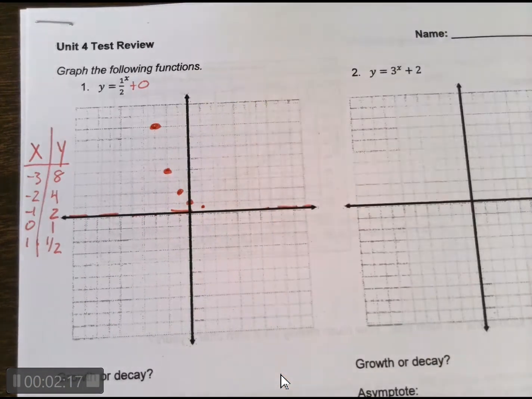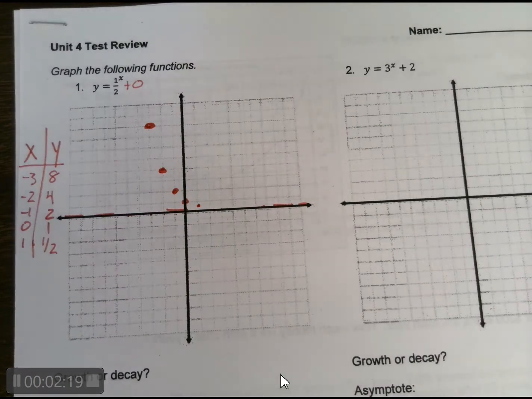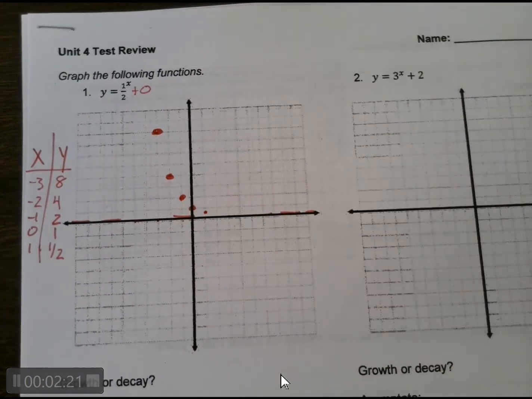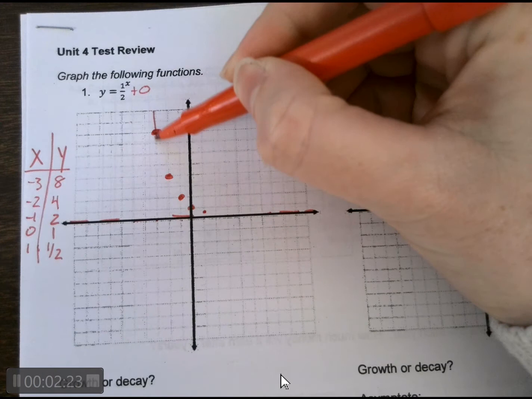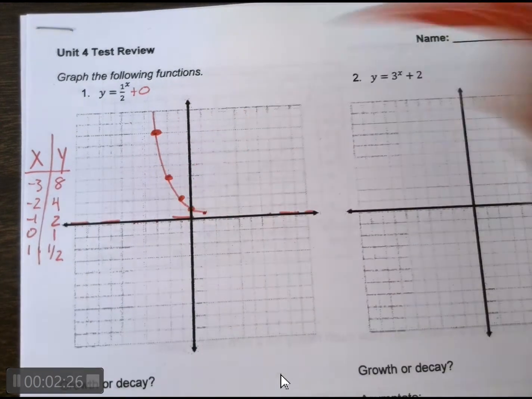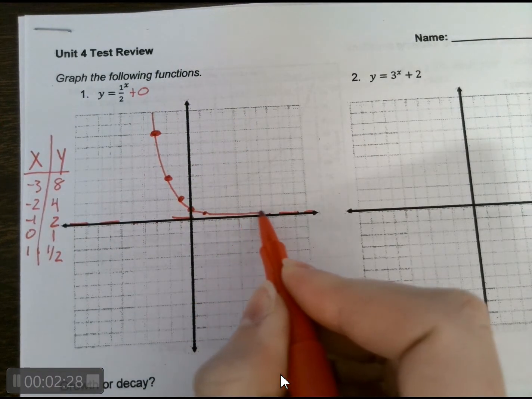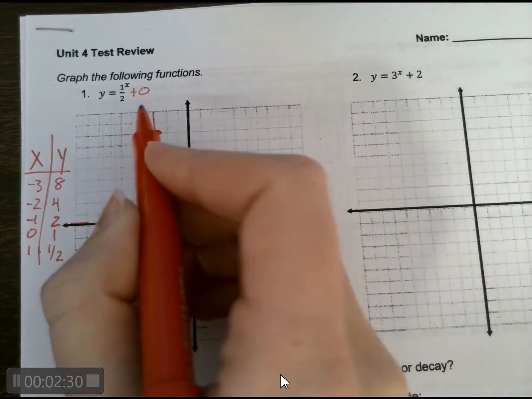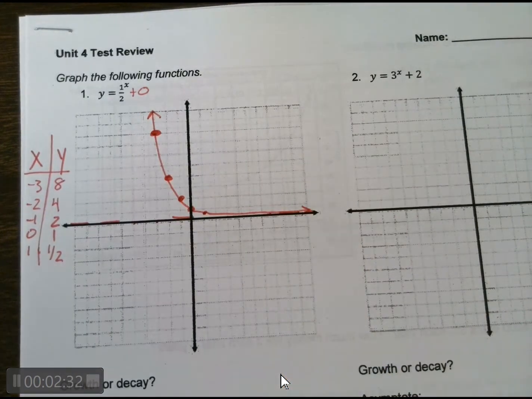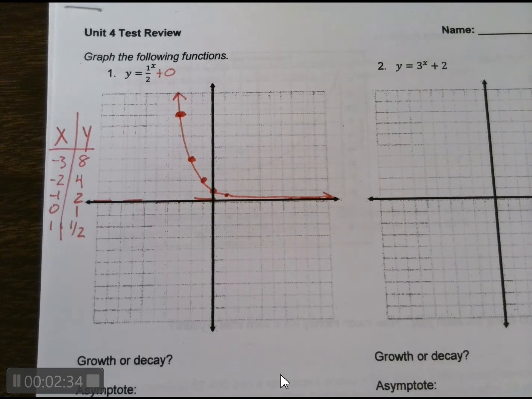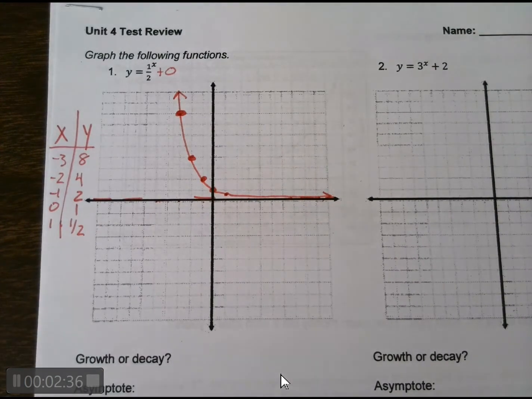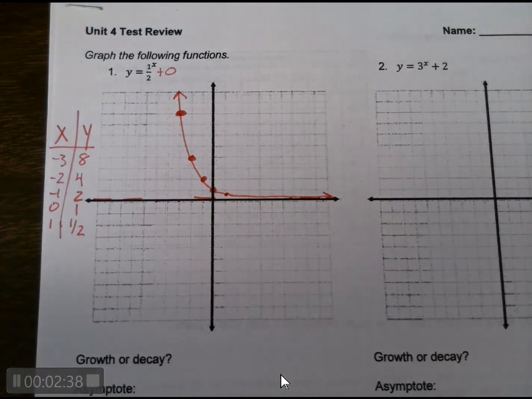So now we are going to connect our dots. So we have this curve, and then we just make it really close to our asymptote, but never touching or crossing it, and add our arrows. Alright, so we just graphed our first one, so now let's answer the questions about it.